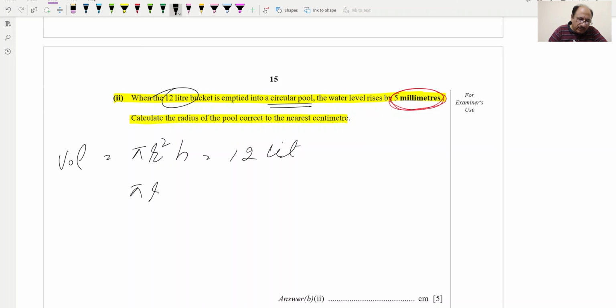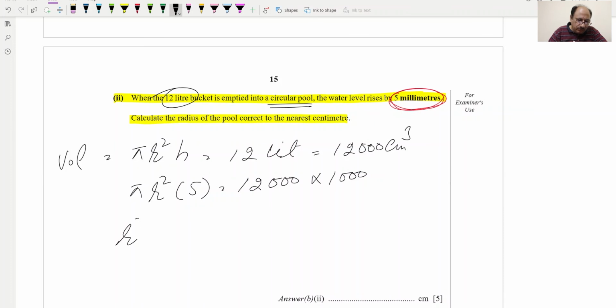So pi r squared into 5 millimeters is equal to, now we can change this into centimeters, which is 12,000 centimeter cube, and further we can change into millimeters by multiplying by 1000.